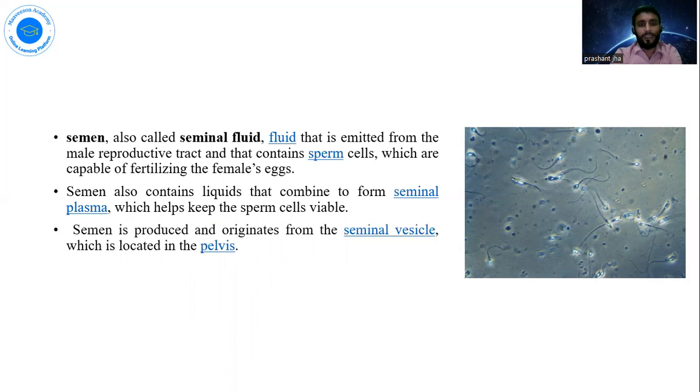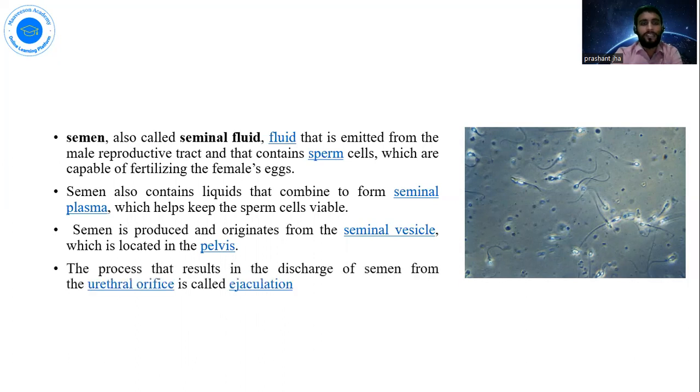It is produced and originates from the seminal vesicles, which are located in the pelvis. The process that results in the discharge of the semen from the urethral orifice is called ejaculation. So ejaculation is a process to discharge the semen.